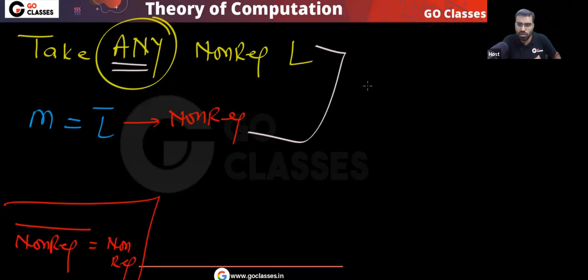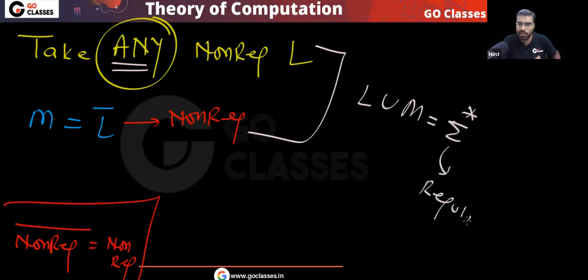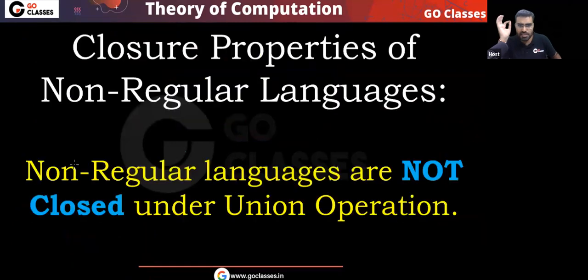Now you can easily notice what the union will be. The union will be sigma star, and that is regular. This proof is very simple. So you can notice non-regular languages are not closed under union operation.